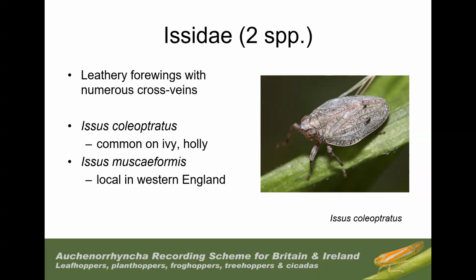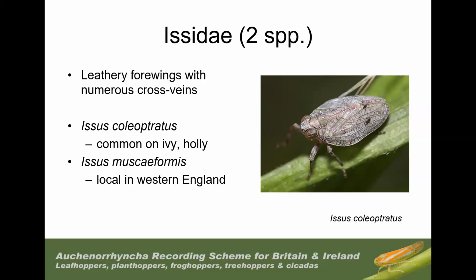Got two species in this country, one of which is pretty common actually, Issus coleoptratus, often found on ivy and holly. In fact, there was a Christmas card a few years ago where it was presented as the Christmas plant hopper by virtue of feeding on holly and ivy.